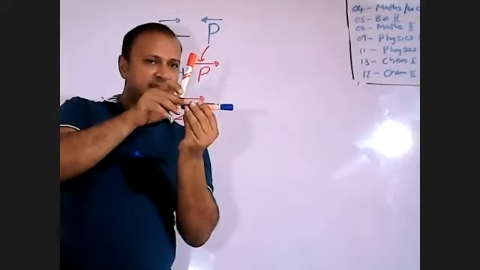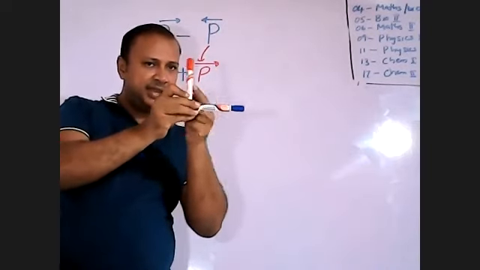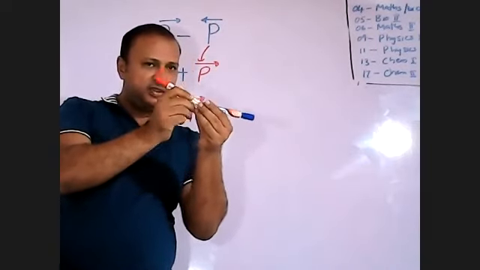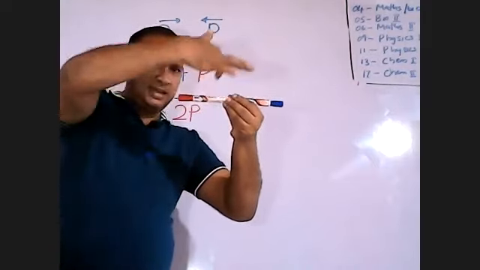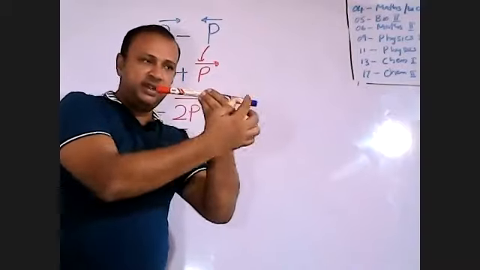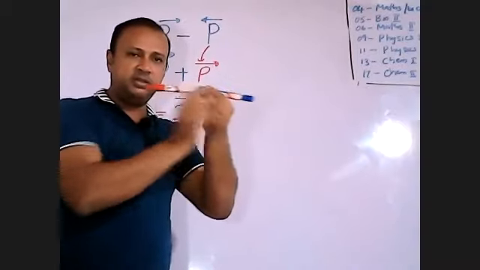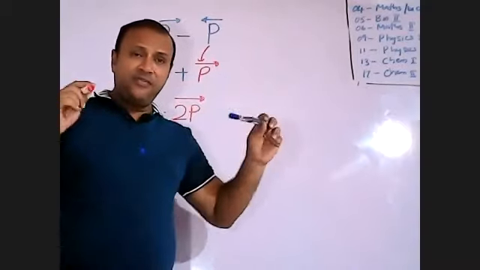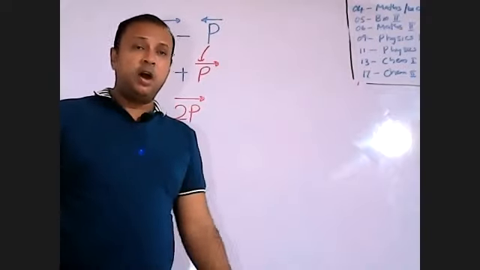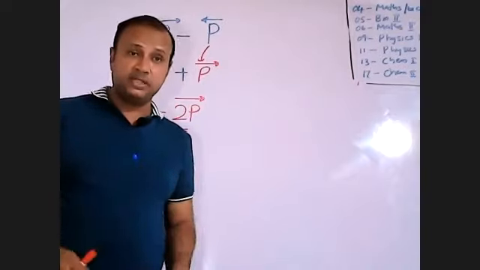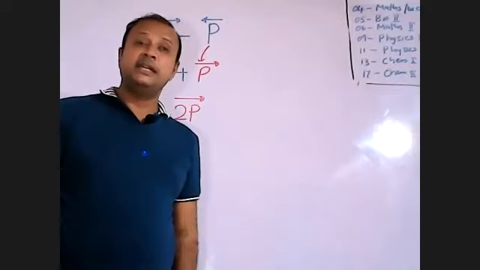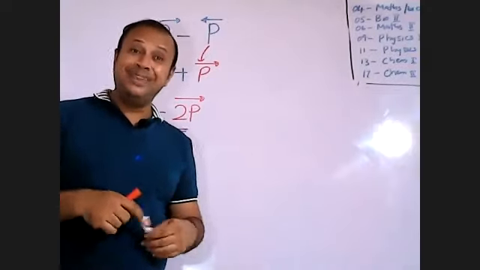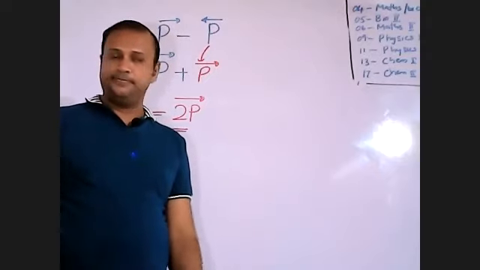If I increase the angle, then the angle is 90. If I increase it further, it comes to that level and the angle is 180. So if the angle is 180, the clips are in opposite directions. That means if the angle between two vectors is 180, definitely they should be in two opposite directions.